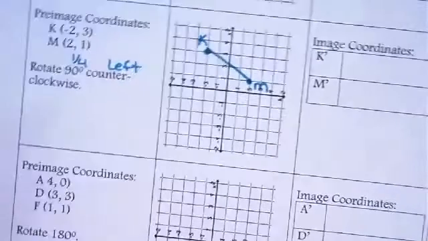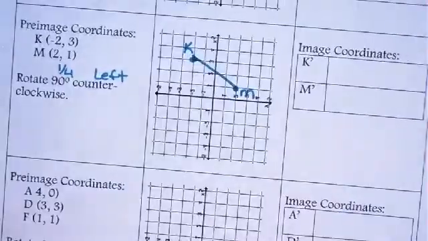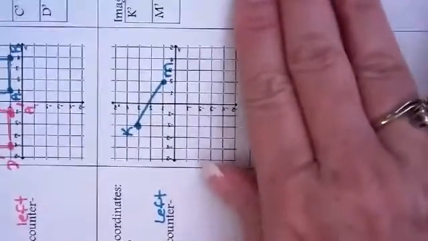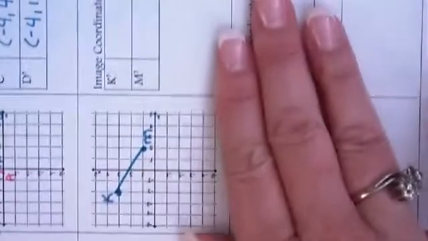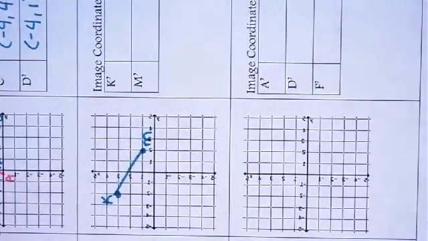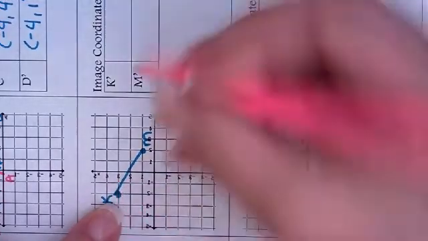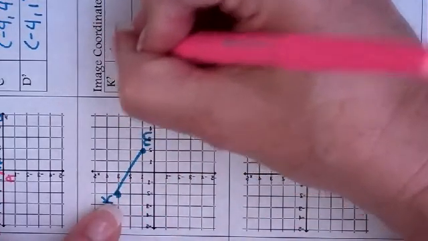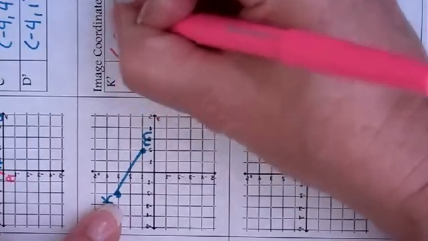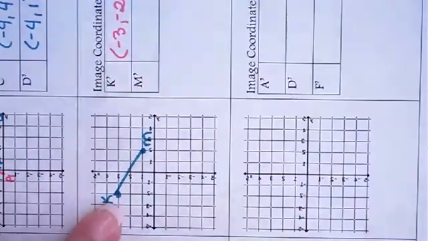Now, again, I'm going counterclockwise, so I'm going to turn my paper to the left, and I'm going to lay it on its left side, just like that. Now, I'm going to look at my new locations for K and M. K is now at -3, -2.